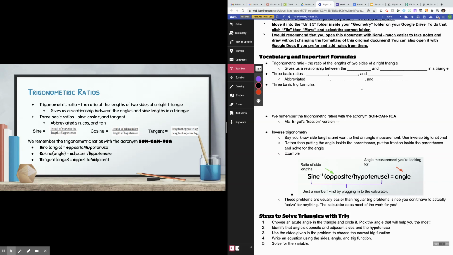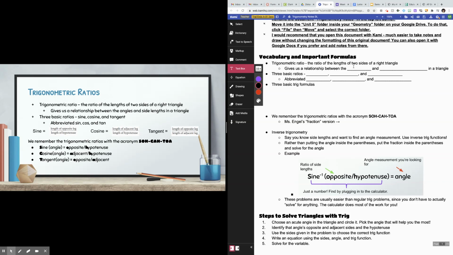But the one thing we haven't had yet is a relationship or formula that tells us how the sides and angles in a triangle are related, specifically in a right triangle.